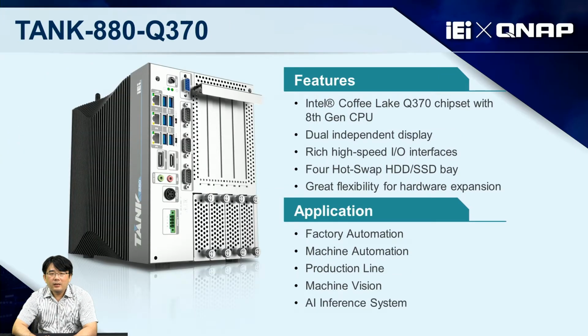The TANGO AA0's main function supports the 9th generation Intel CPU with a high-speed I/O interface and supports hot-swappable SSDs. Industrial applications can be in the smart factory, machine networking, production lines, and machine vision and AI inference.